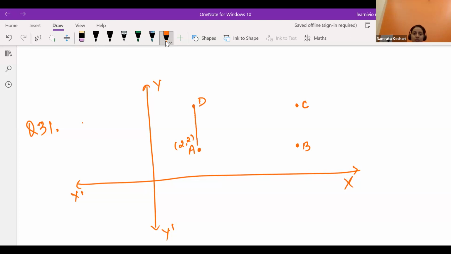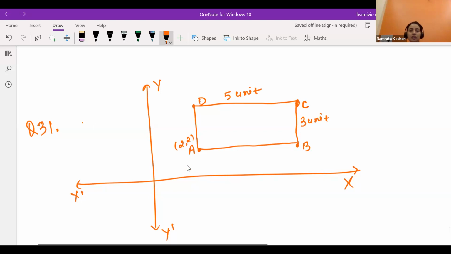I am copy pasting the figure which is given in the question. A, B, C, D, this figure is given. This is 3 units and this is 5 units. What we have to find? We have to find the coordinate of this point C.